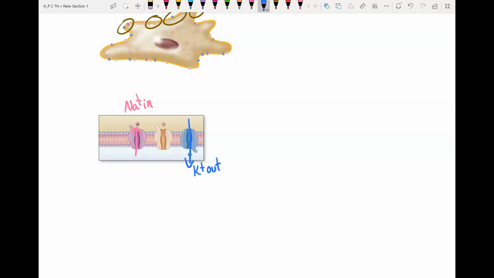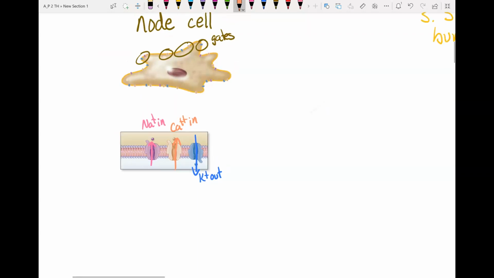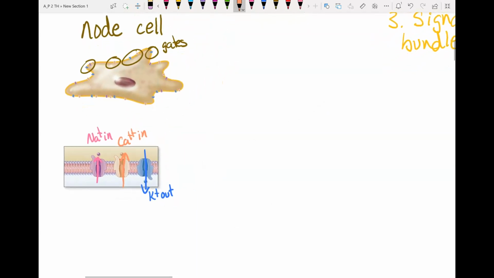Sodium in, potassium out. We also have now calcium. Calcium comes in. So let's look at the cycle and the voltages. Remember resting membrane potential, the voltage you start at? We're going to start at -60.